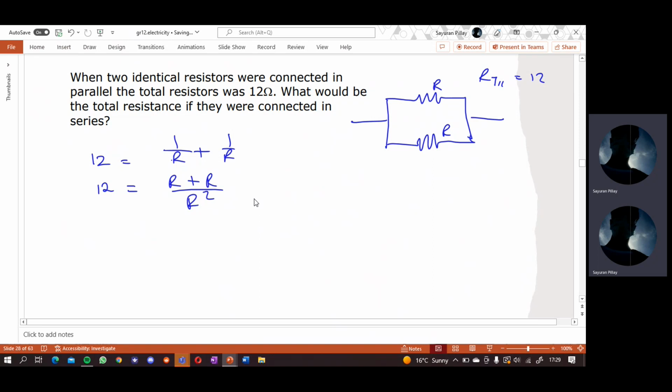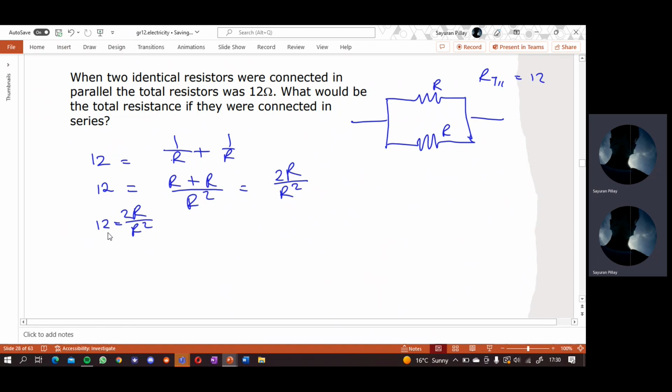Yeah, that's it, which is 2R over R squared, and don't cancel here. Okay, don't cancel. Just keep going. So we say 12 equals 2R over R squared.